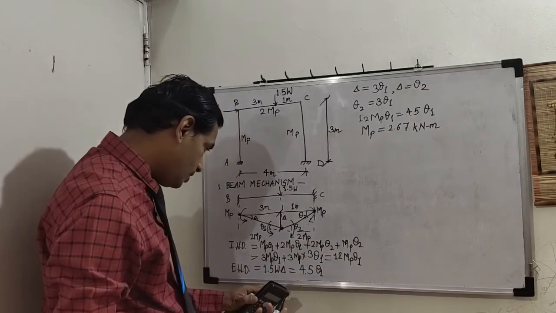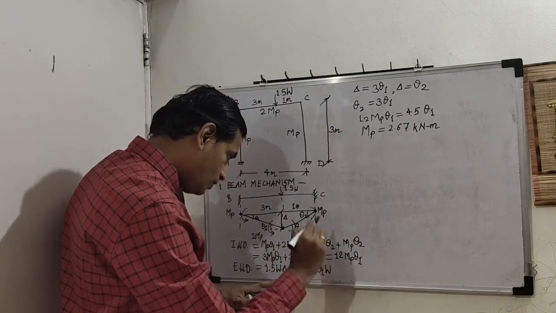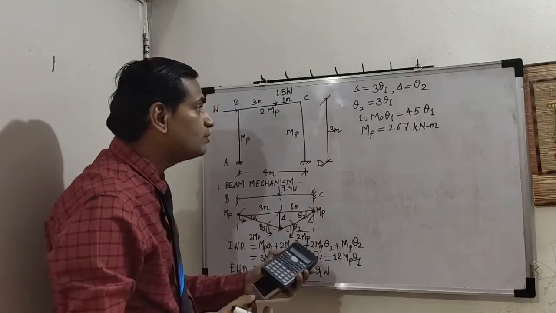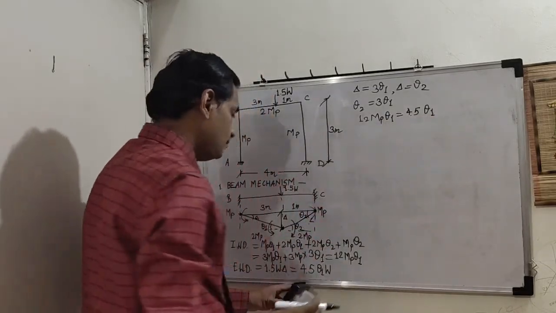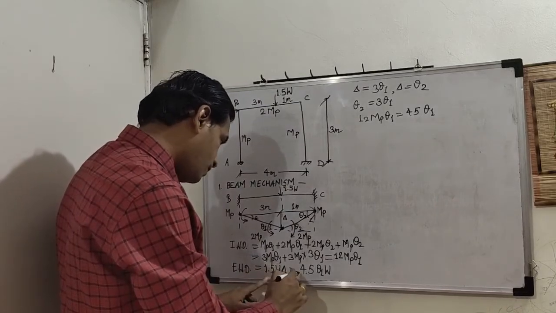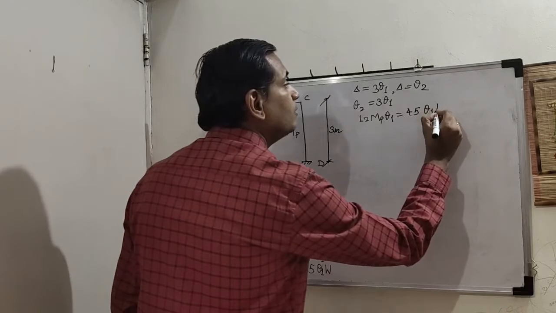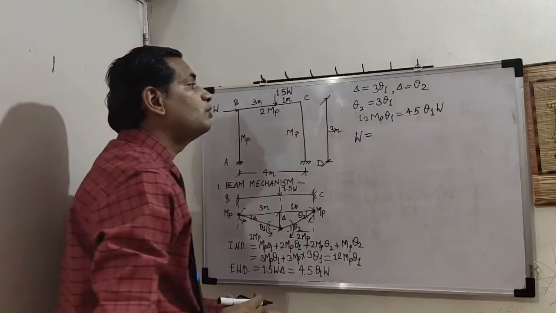One more thing is remaining, W, which is unknown. So we want W instead of MP, we will find W. So redo it. 1.5 W, so 4.5 W theta 1. We want W, so W is 12 upon 4.5.